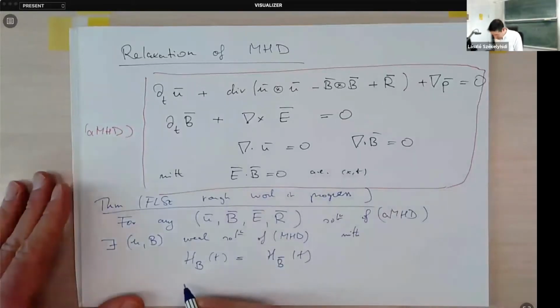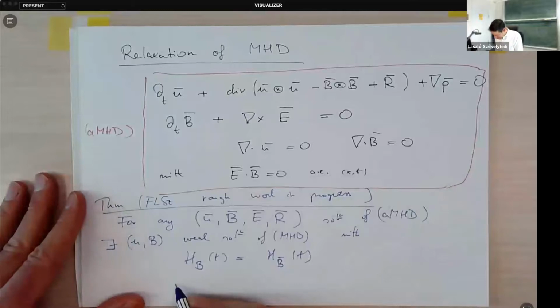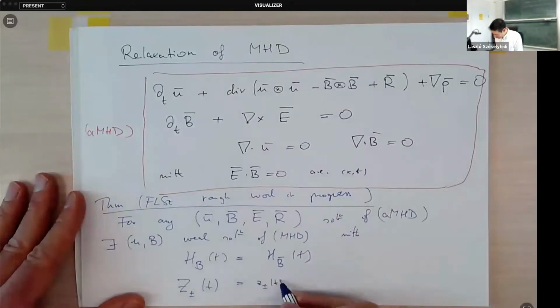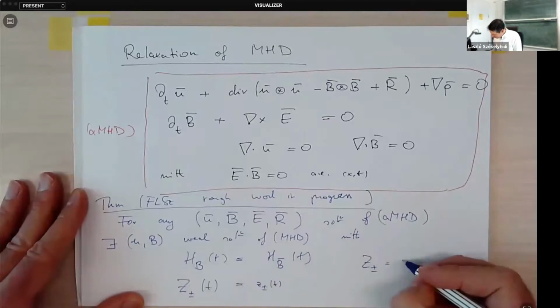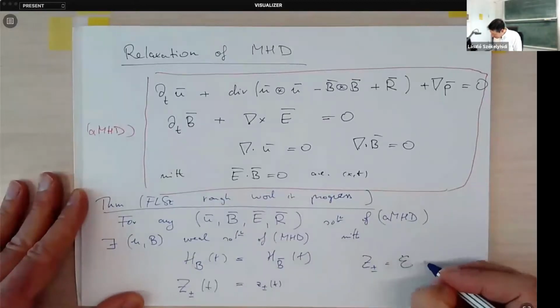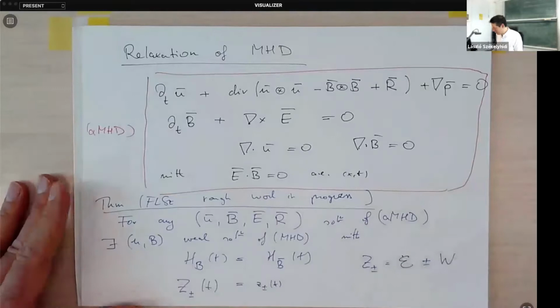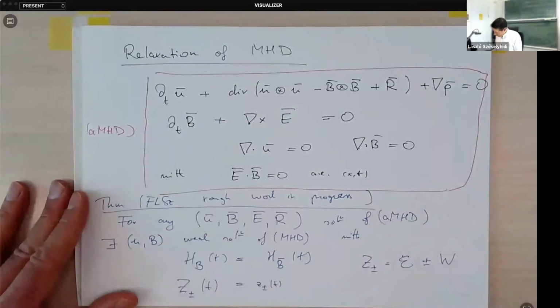I didn't really say that, but basically the Elsasser variables can be prescribed within some bounds. So this Z plus minus is essentially the total energy plus or minus the cross helicity.